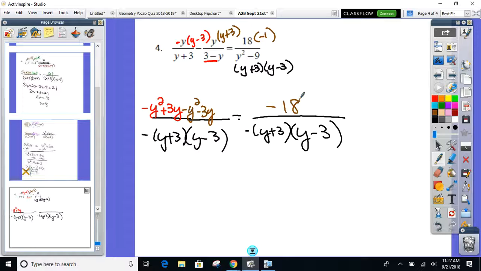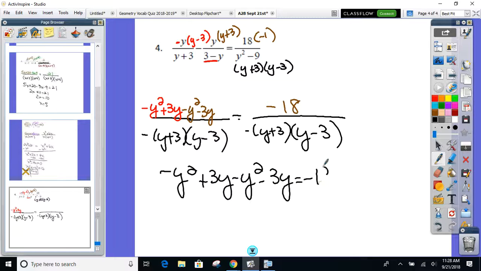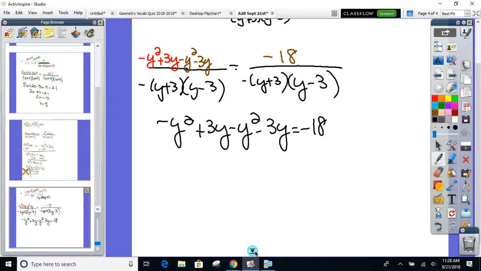Ready to go to work? Let's drop the denominators. Combine your like terms for me, guys. Negative 2y squared. What happens to the 3y's? See you later. Negative 18.